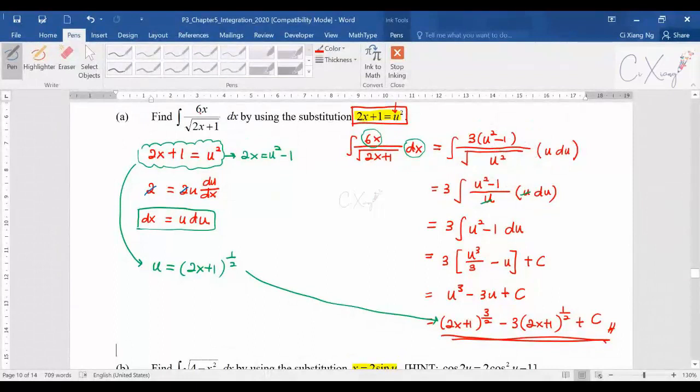So you can see that all the x will be substituted into u. After you change everything into u already, only you start to do your integration. So that's the whole process, the correct flow to apply the integration by using the substitution method. Right?